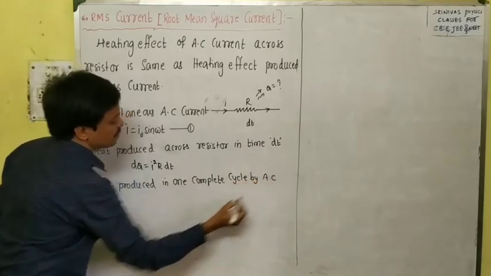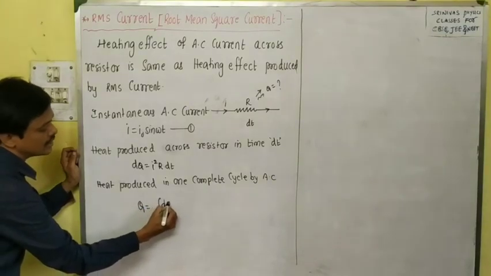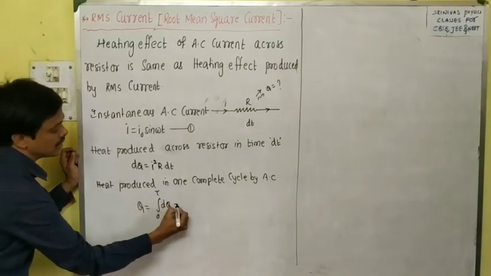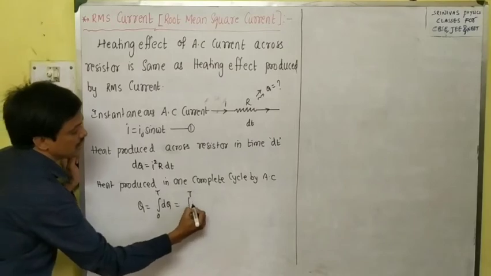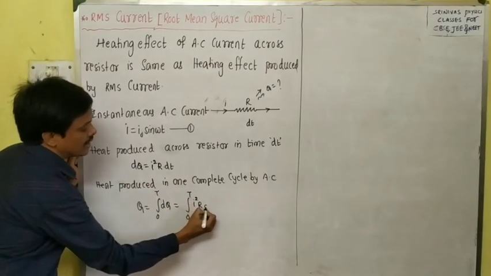How much heat AC produces in one complete cycle? We have to do the integration. Integration of dq, limits are 0 to T.